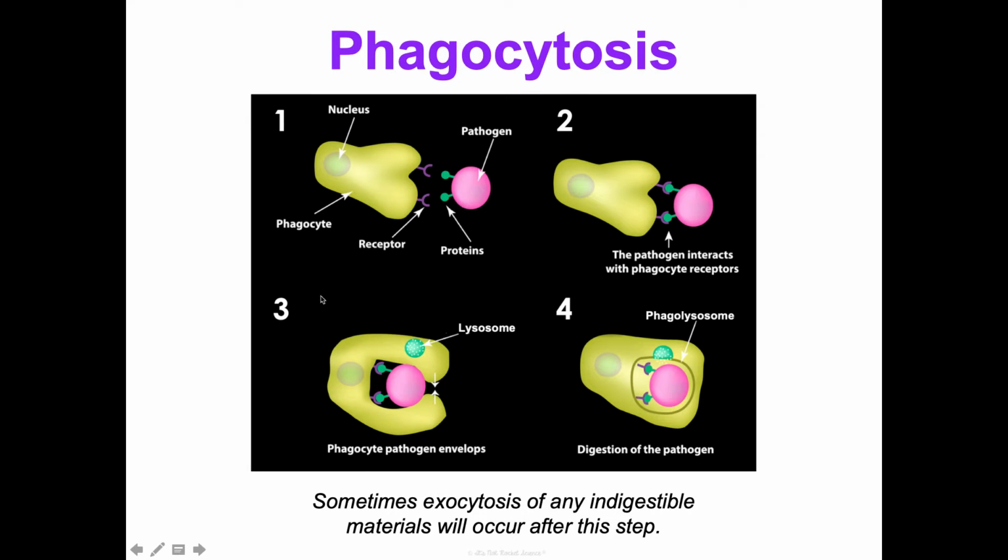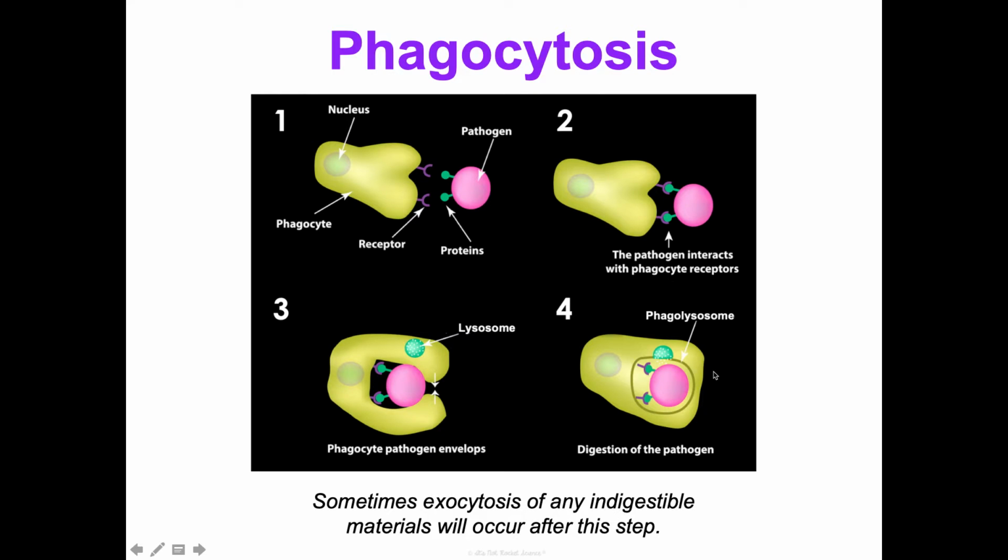In the third picture, we see the pathogen basically being engulfed. It's being pulled inside, enveloped by a vesicle through endocytosis, which you may remember from Biology 1. Then lysosomes, if you remember that organelle, contain enzymes, such as lysozymes, that can fuse with that vesicle and form something called a phagolysosome. That's what we see here, when they're fused together.